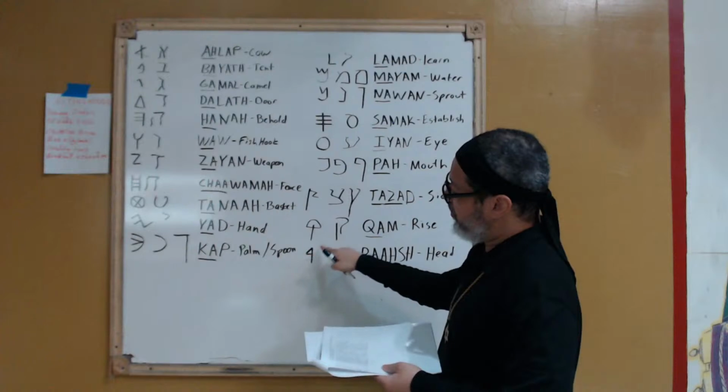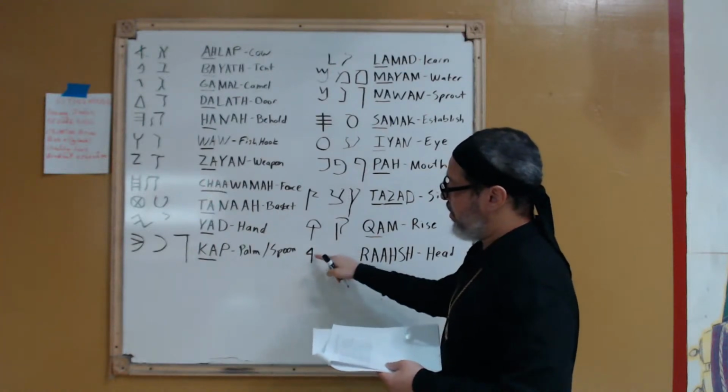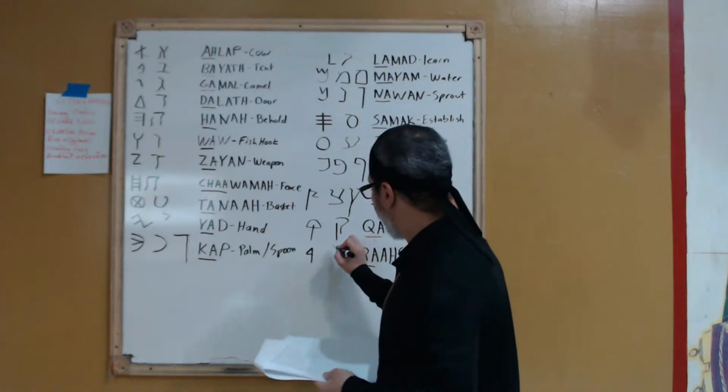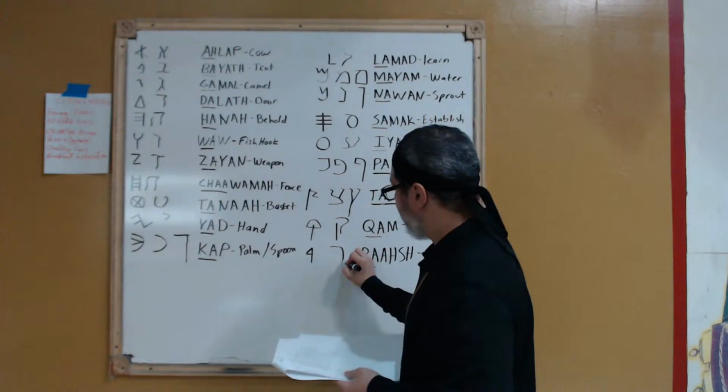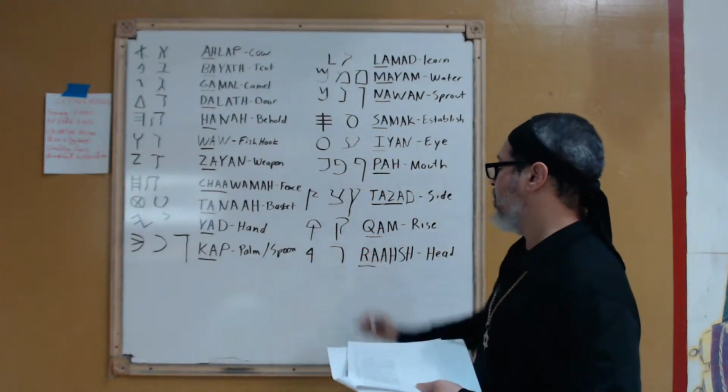Think that this part is like the top part of the head, and then that's like the body or the neck over here. And then the modern, it's like the letter R. It goes across and down. So it's like the letter R.